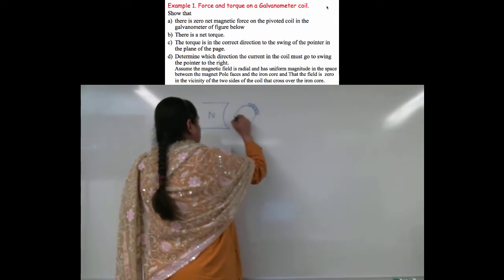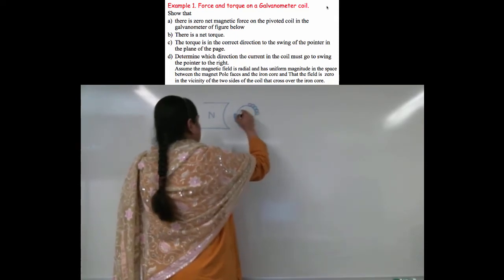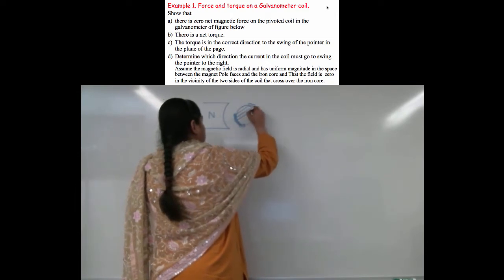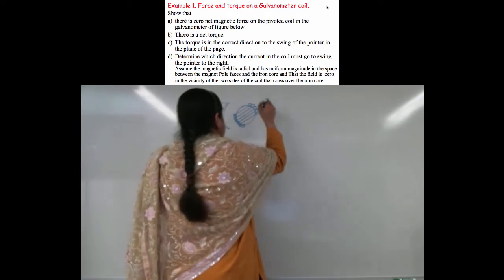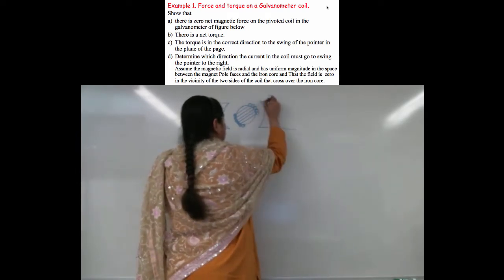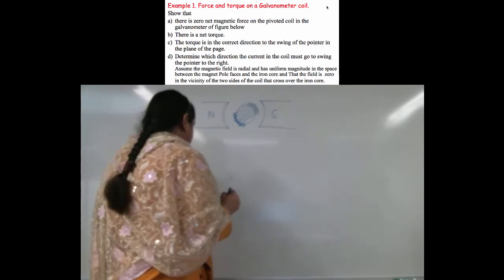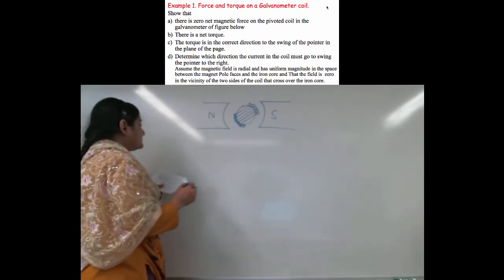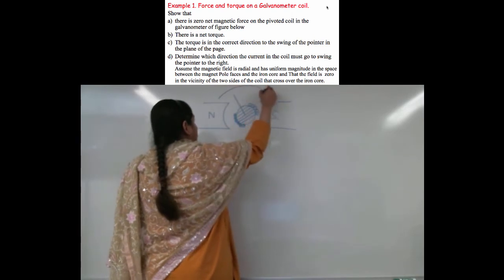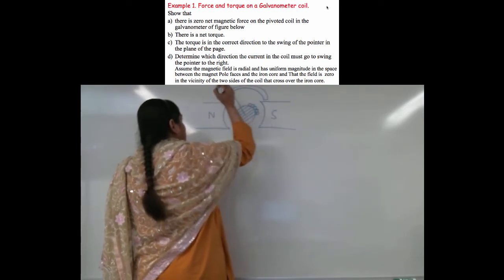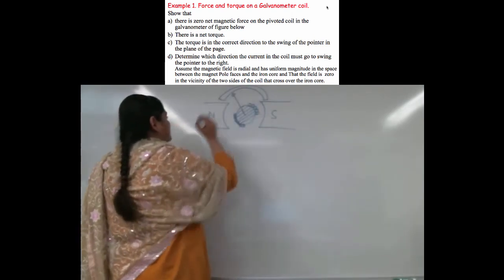This is field going into the paper. And then these fields are actually connected to each other. And then there is a south pole here. So the south pole goes this way. Here's where the pointer is, and here's where the galvanometer scale is. So this is where the pointer acts.